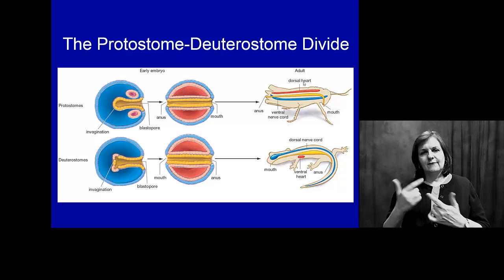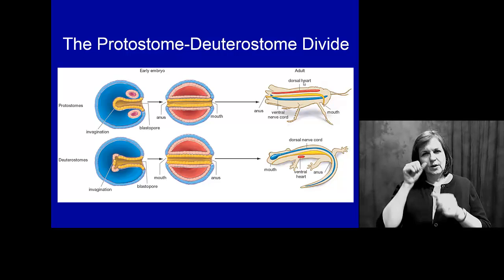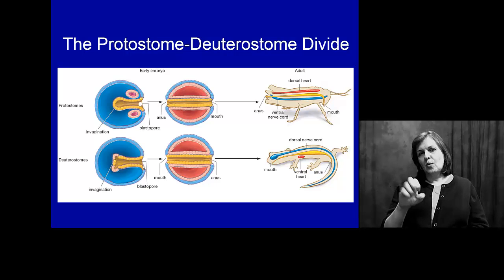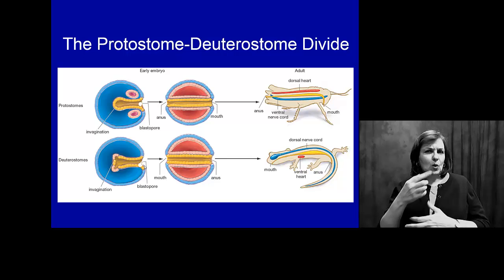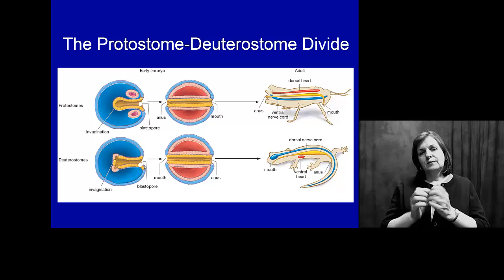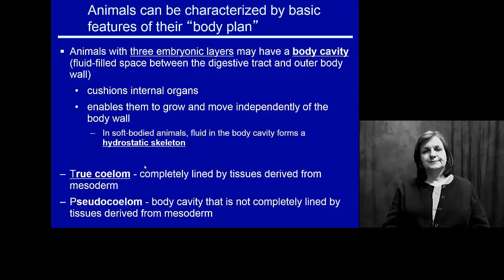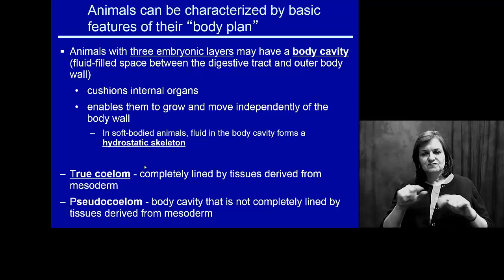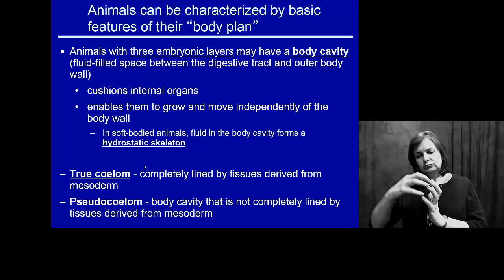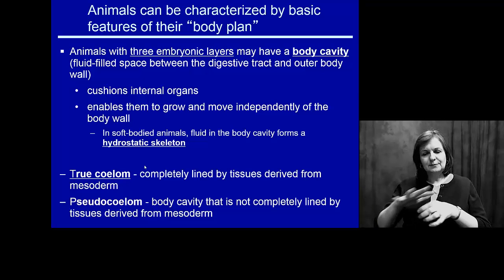And we've talked about this before: whether that first folding in of the blastopore is actually the mouth or the anus determines what you are going to do as far as further development, and eventually how we're going to split you out onto our cladogram. Now, this folding in of these embryonic layers, this folding in of the blastopore, provides space and structure for internal organs to develop.